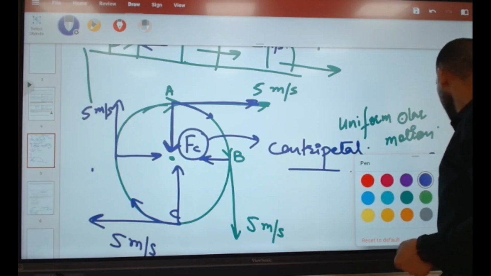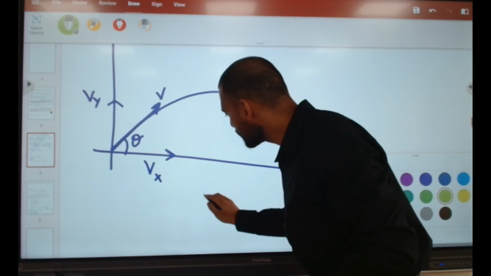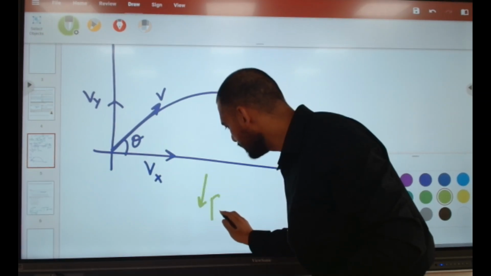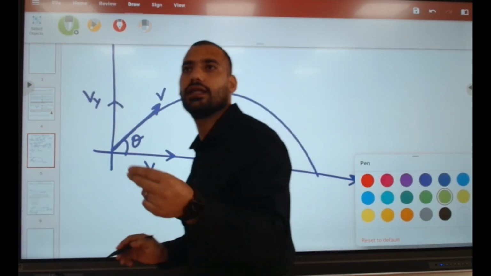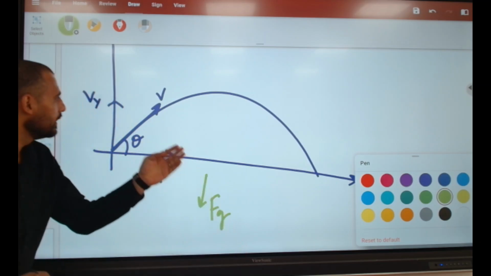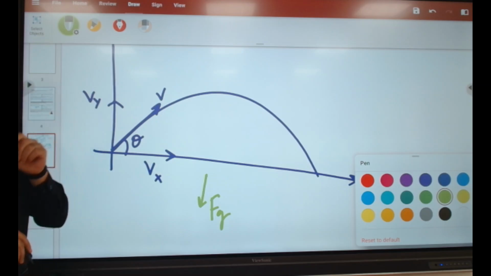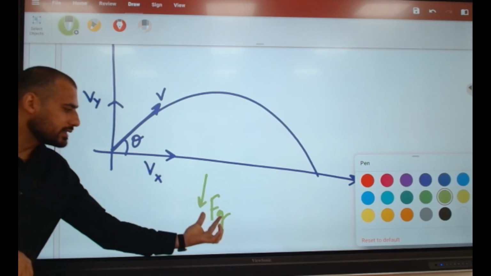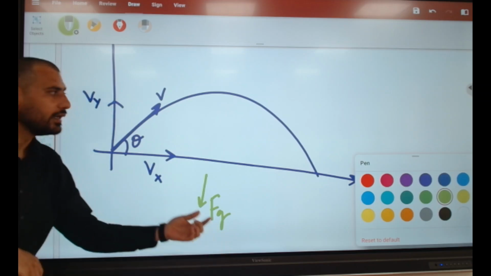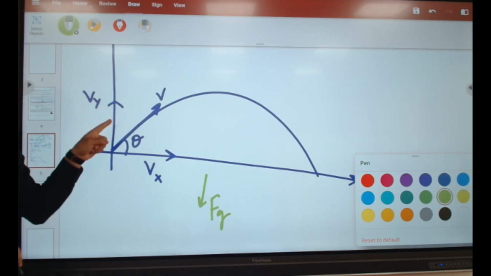And that force is always like this, isn't it? Now tell me, this gravitational force, is it parallel or anti-parallel to Vy?